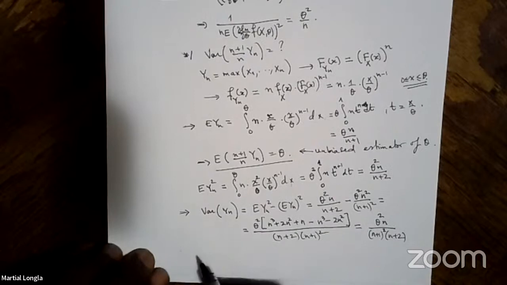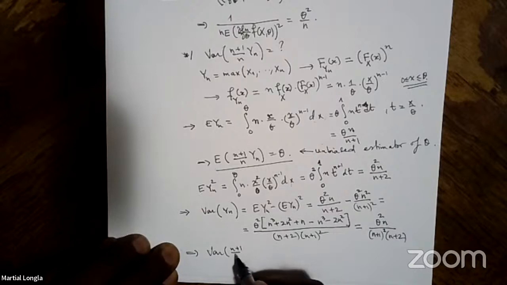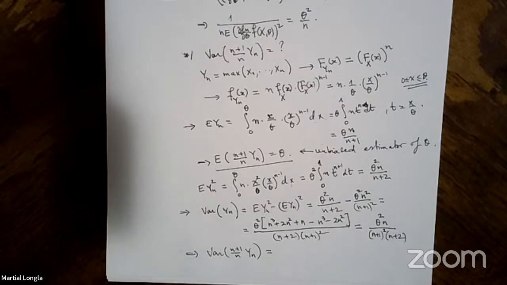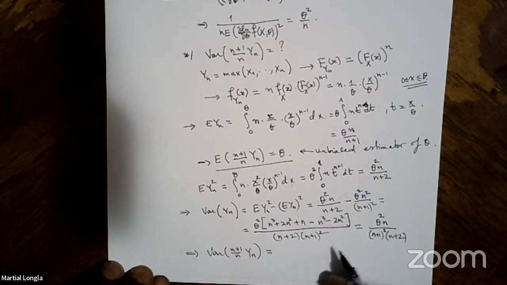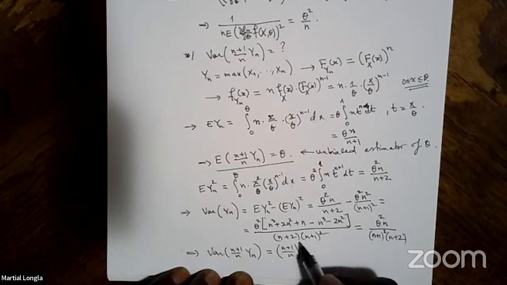From which you can find the variance of n plus 1 over n times Yn. How do we find the variance of this thing? We know that it's equal to n plus 1 over n, squared, times the variance of Yn.